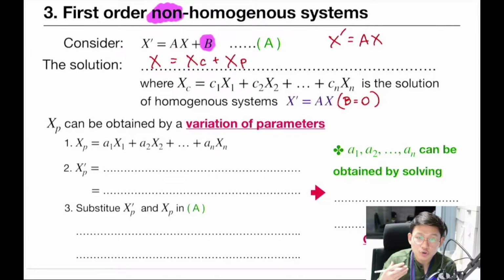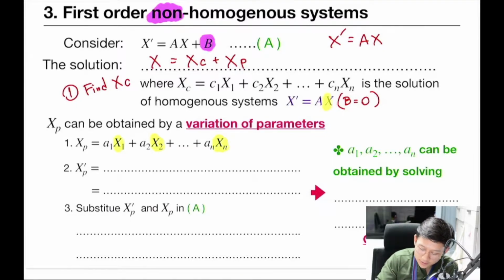So to solve the non-homogeneous systems, first you need to find xc by assuming that the systems are homogeneous. So we let b equal 0, then we find xc. After that, xp is defined in this way, which is a1 x1 plus a2 x2 plus an xn, where x1, x2 until xn are the solutions of the homogeneous systems.